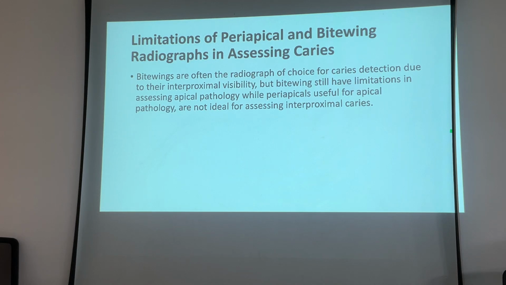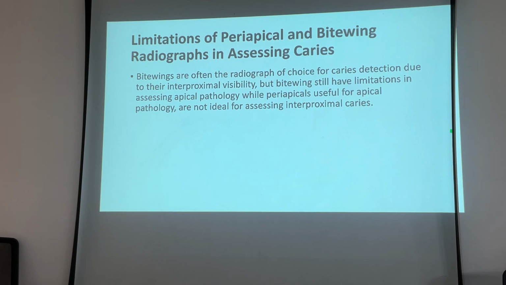So basically, we choose the radiography examination after anamnesis and clinical examination. If we cannot be sure whether the caries extends from the enamel into the pulp or only into the dentin, we can choose periapical radiography, because we want to see the apical lesion.